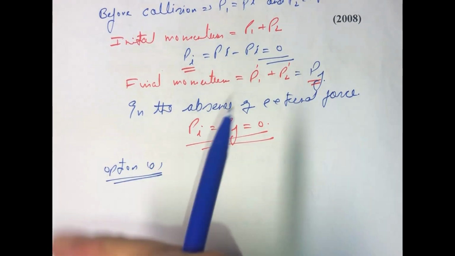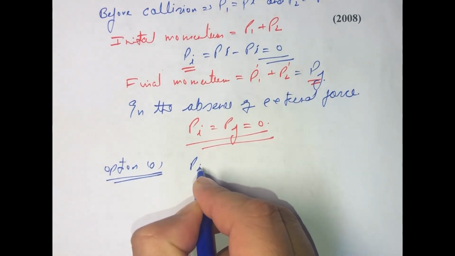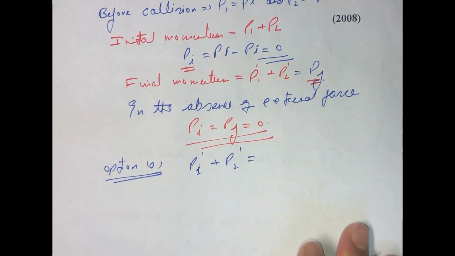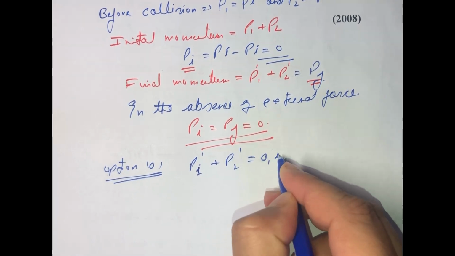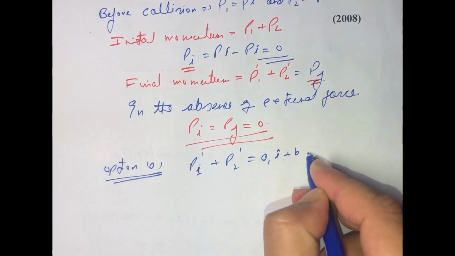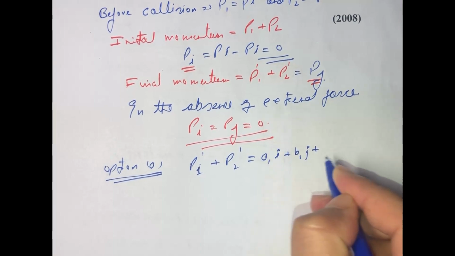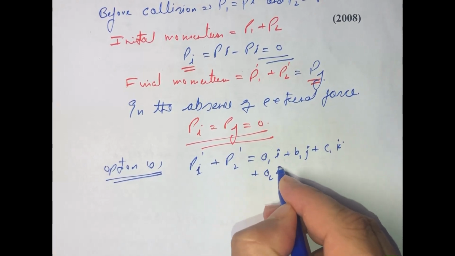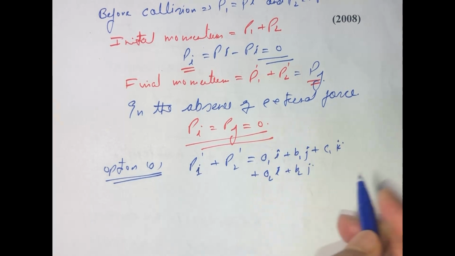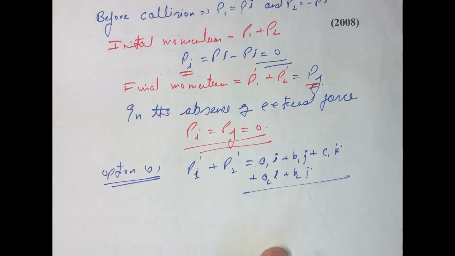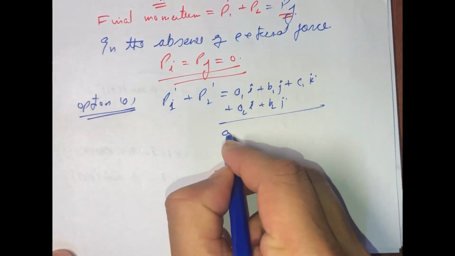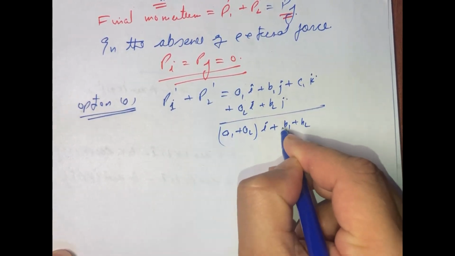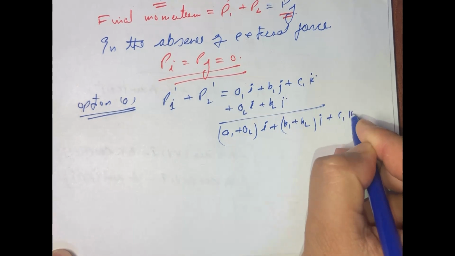We can write P1 prime plus P2 prime as A1 i unit vector plus B1 j unit vector plus C1 k unit vector, plus A2 i unit vector plus B2 j unit vector plus C2 k unit vector, and their addition will be equal to (A1 plus A2) i unit vector plus (B1 plus B2) j unit vector plus C k unit vector.